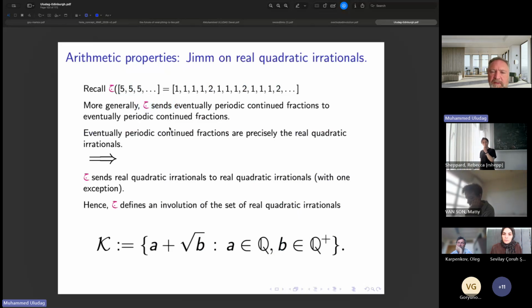However, these eventually periodic continuous fractions are precisely the real quadratic irrationals. So Jimm sends real quadratic irrationals to real quadratic irrationals. Well, in fact, there is one exception to that. So if we denote the set of all real quadratic irrationals by K, Jimm defines an involution of this set.